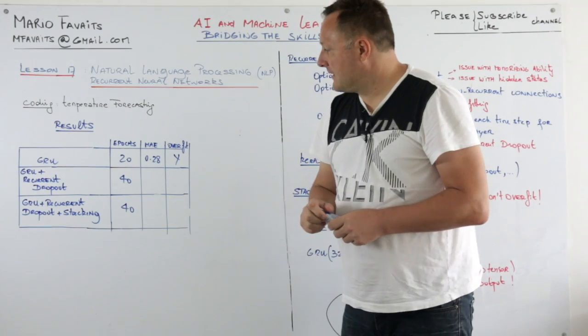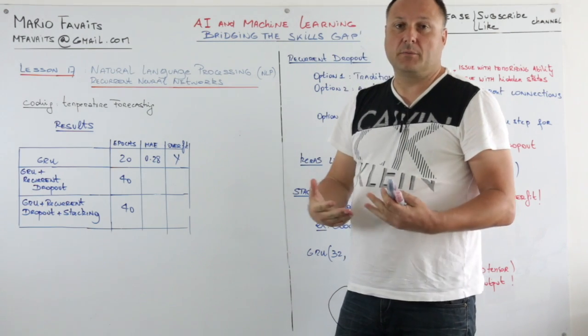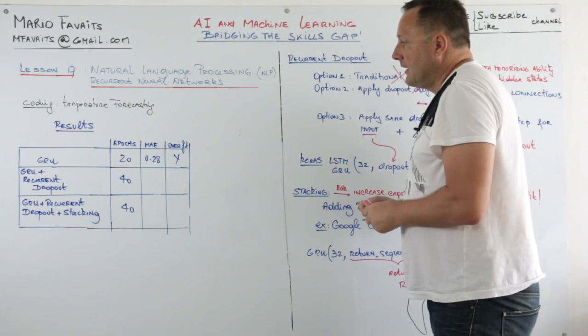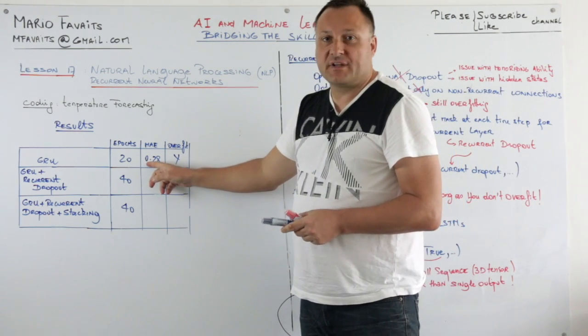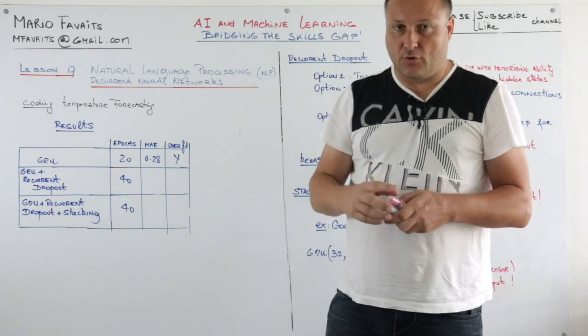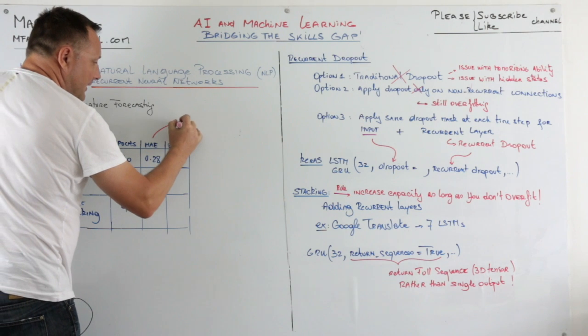Alright, so let us now see the results of the first coding exercise where we simply used a GRU layer and we've used 20 epochs. The mean absolute error is 0.28 and there is significant overfitting.